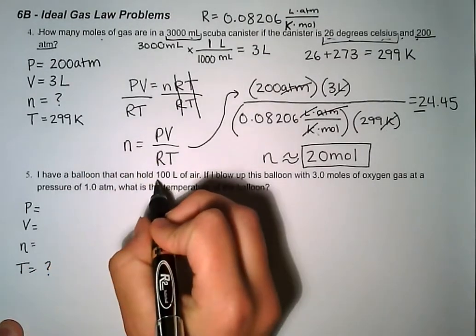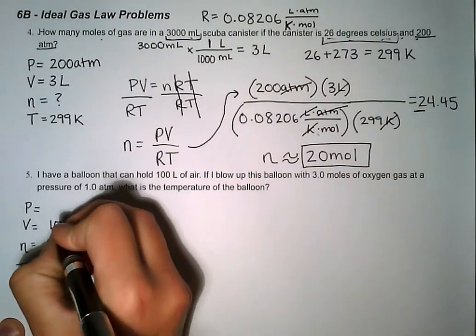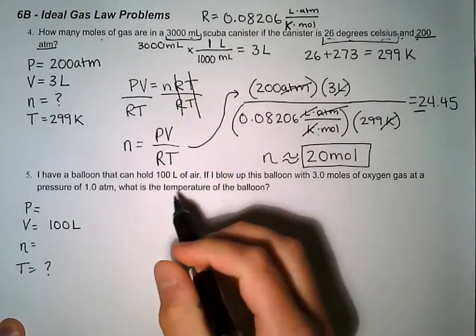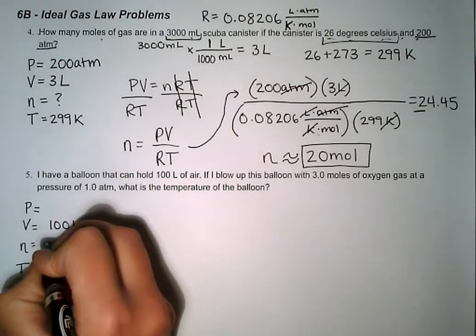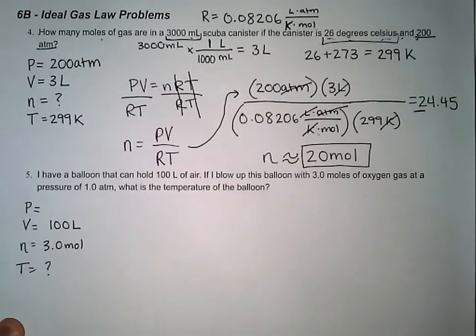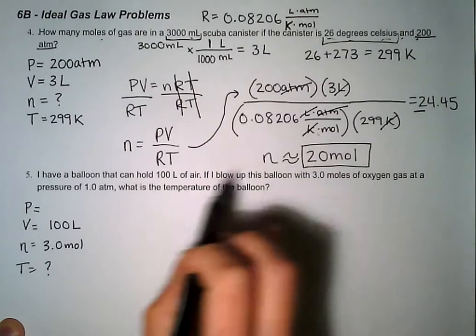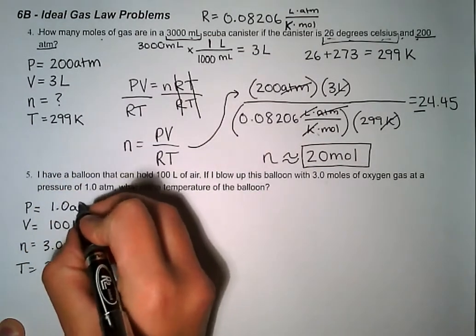My balloon can hold 100 liters of air. It's already in the correct unit, liters, so we'll put 100 liters. I blow up the balloon with 3 moles of oxygen, so 3.0 moles is our value for n, and a pressure of 1 atm, 1.0 atm.